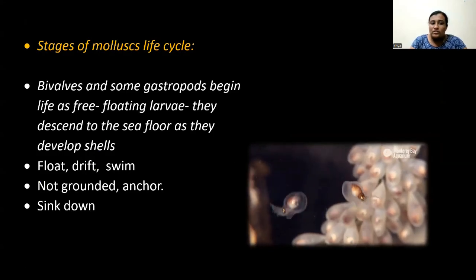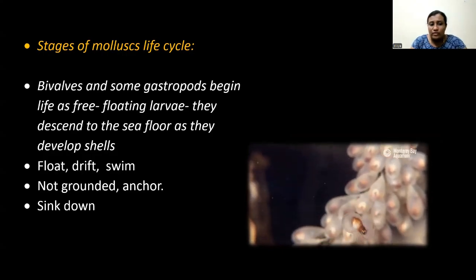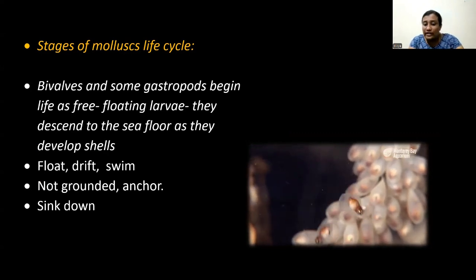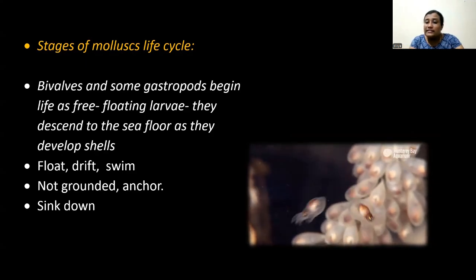So these are the stages of the mollusk cycle. The larva will be free floating, and then they descend to the sea floor as they develop the shells. They float, drift, swim, not grounded, anchor, sink down. Because they are not grounded, these people are not steady. They'll be always clinging to somebody, clinging, desire for.